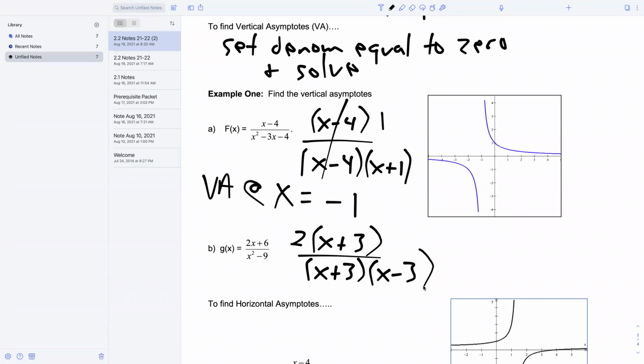And again, if it factors out, that means there's a removable discontinuity there. And then I'm left with 2 over x minus 3, meaning I have a vertical asymptote at x is equal to 3. All right, so those are vertical asymptotes.